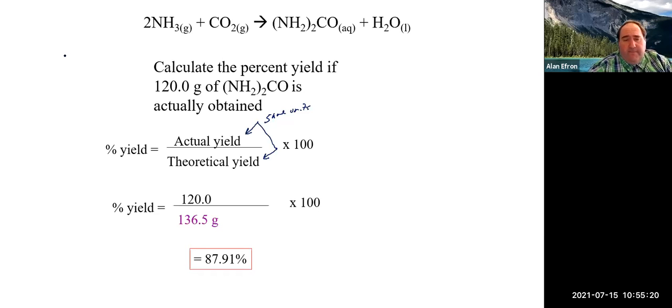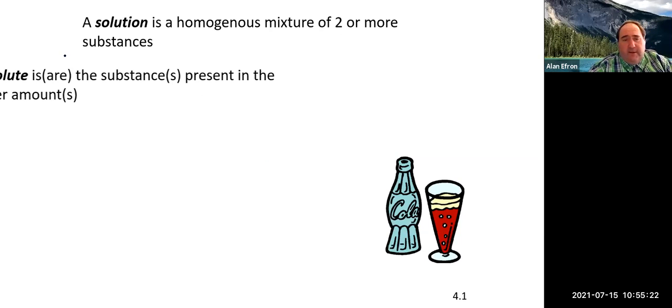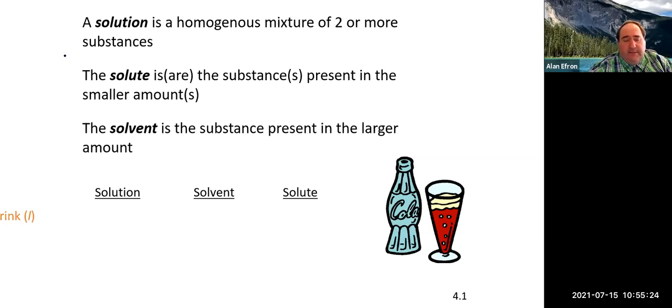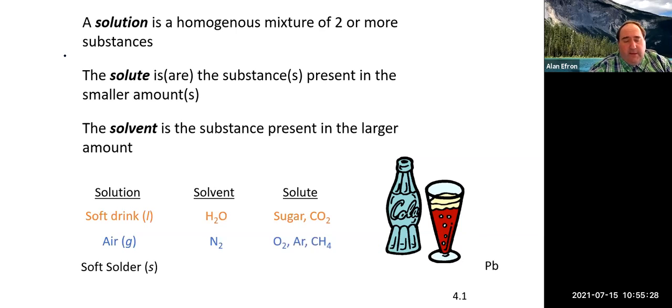So it's important to talk first about solutions, and we touched upon this I think the other day as well, but let's go over it here. A solution, as I mentioned the other day, is really a homogeneous mixture of two or more substances. And homogeneous means that everything mixes, everything looks the same throughout.